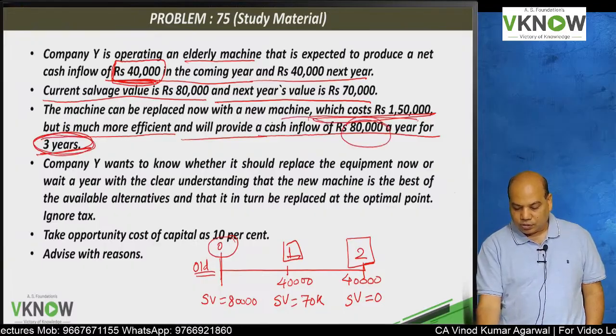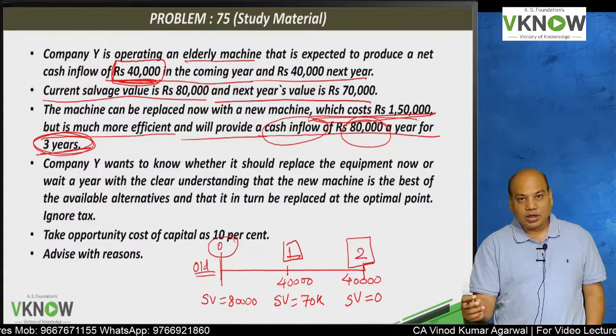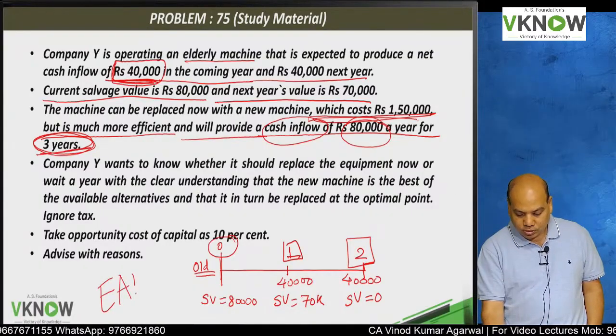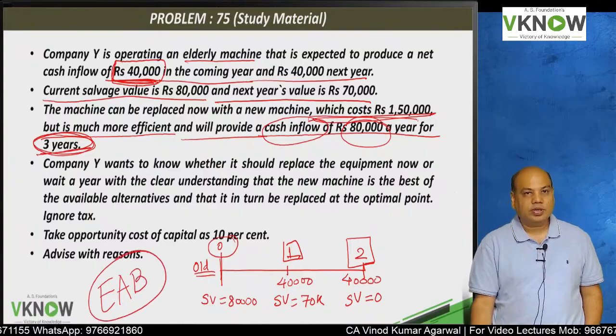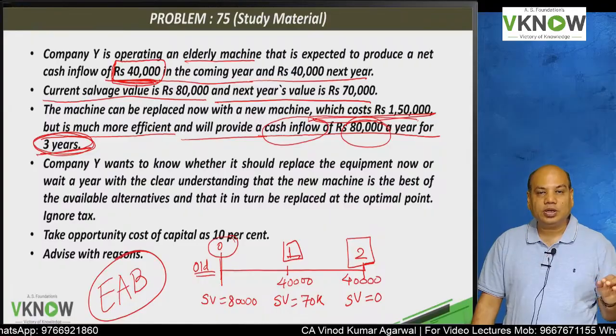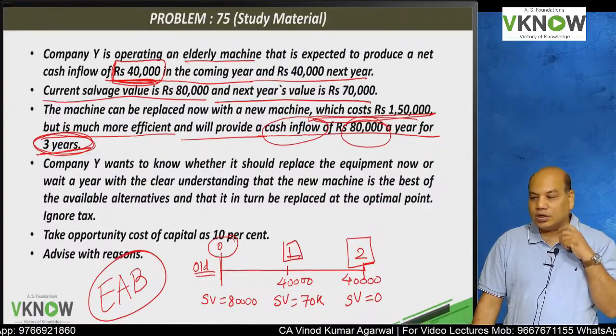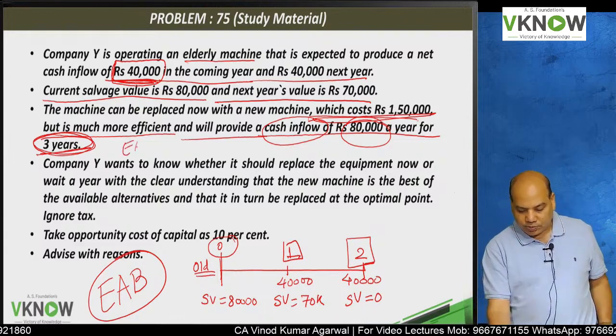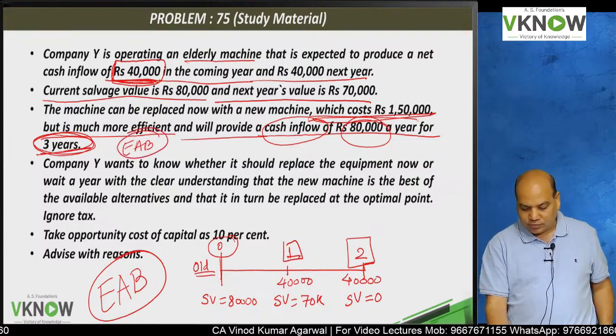Annual cash inflow is given. So in this question we have to maximize EAB, not minimize. That is a difference. So I will compute EAB of new machine.